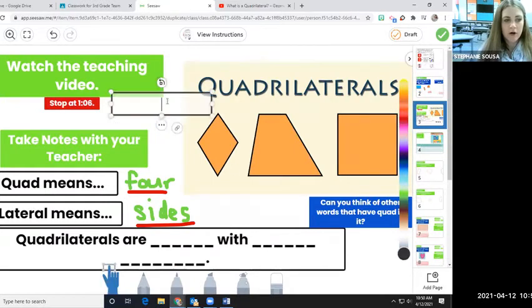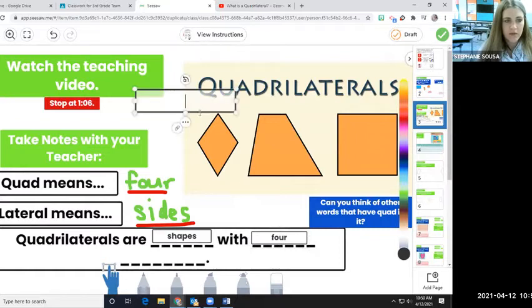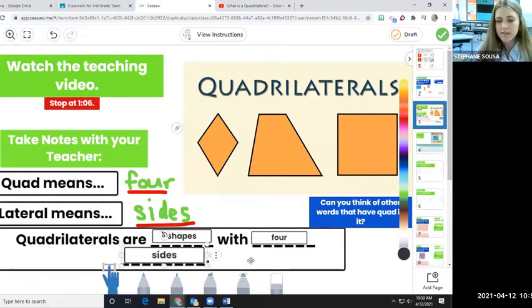Quadrilaterals, therefore, are shapes with four sides. And those sides are called line segments. So quadrilaterals are shapes with four sides, and those sides can be described as line segments. I'll give you a moment to get that filled in.